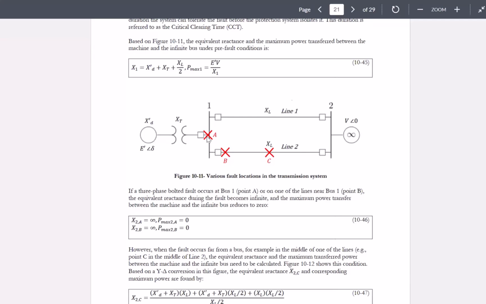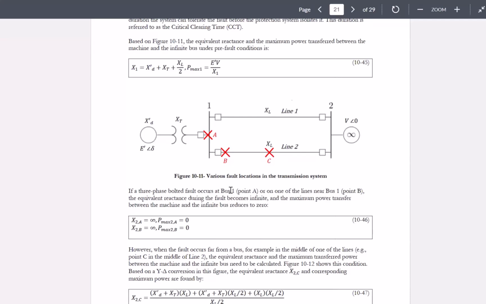But if the fault happens right at bus 1 or close to bus 1 at this point A, will there be any transfer of power? No. Assuming you have a three-phase fault, there is no chance of transfer of power to the infinite bus. So under those circumstances, X2 under scenario A would be infinite, and P max 2 under scenario A would be zero, right?